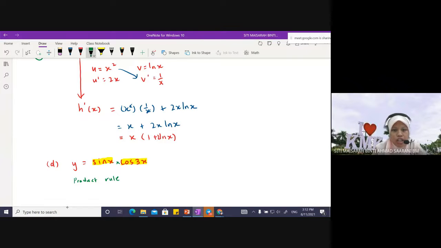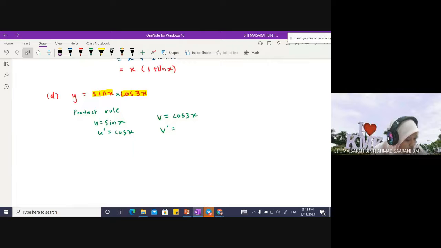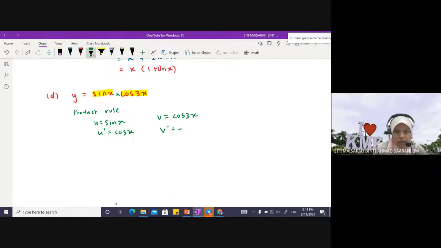So let u equal sin x, u prime equals cos x, then v equals cos 3x. So v prime equals negative sin 3x times 3, negative 3 sin 3x.